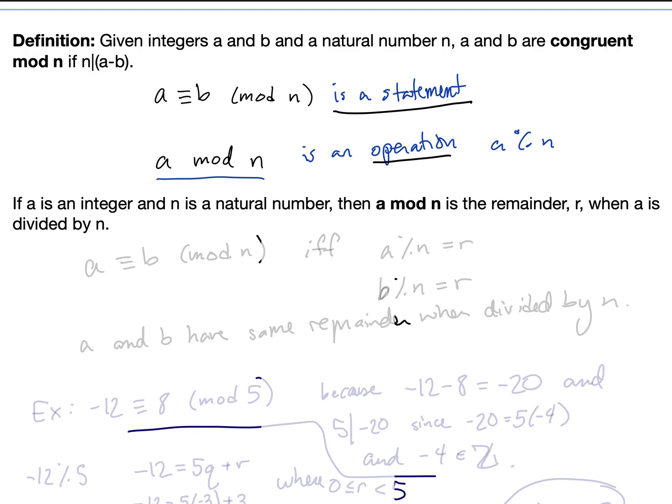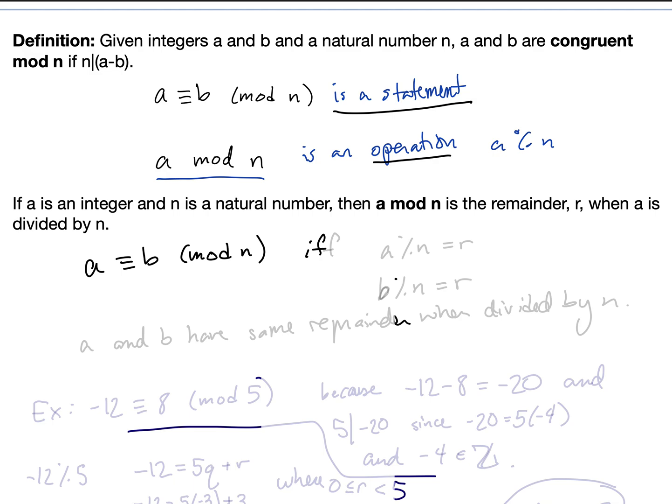So these two different uses of mod do have a relationship between each other, and the relationship is this. A is congruent to B mod n if A and B each have the same remainder when divided by n.